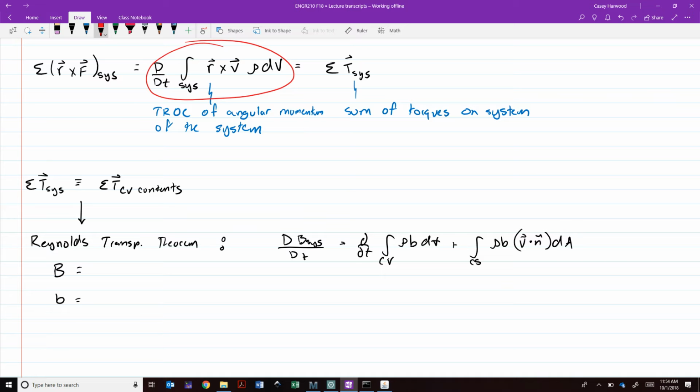We've got our time rate of change of something of a system. Okay, that's what's on the left-hand side of our Reynolds transport theorem. Just look at what we're capturing.